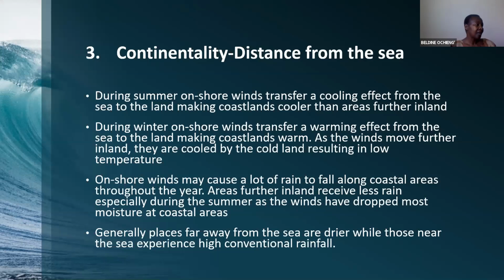But however, where we have seasons of winter and summer, or temperate regions, the three would happen, and the three are what we have there. During summer, the onshore winds transfer the cooling effect from the ocean to the land, making the coastline cooler.